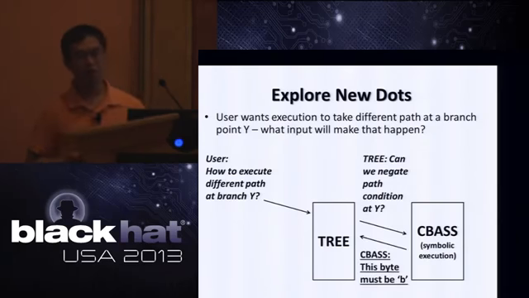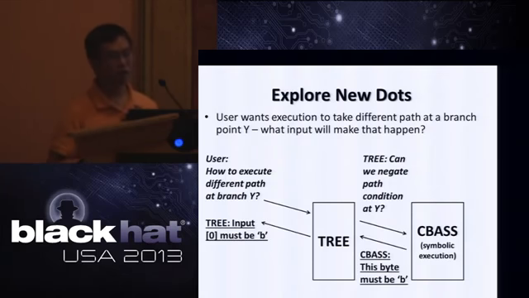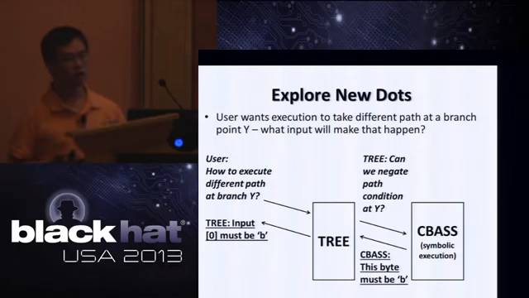With help from a mathematical tool, solvers, SAT or SMT solvers, you treat it as a black box that can answer these mathematical problems correctly. In this case, after the solver returns, we find out that to meet this condition, the byte at this address must be the letter B. And tree has the semantics of the program, so it knows that that byte is actually the first byte of your input.